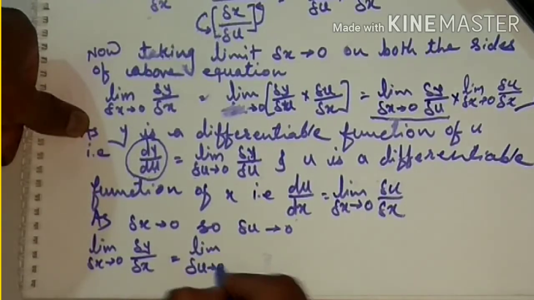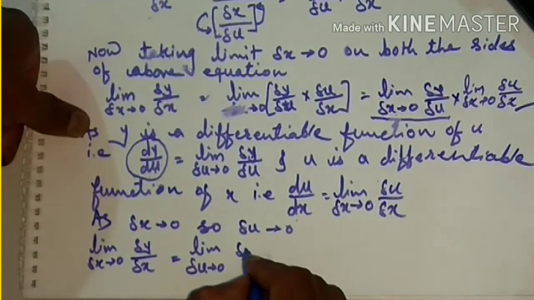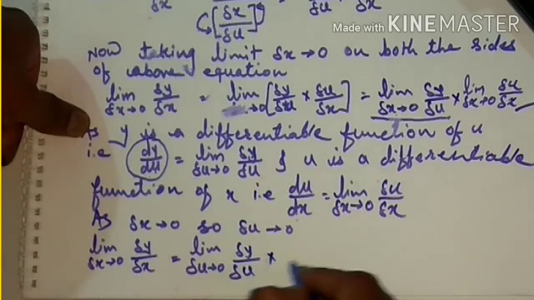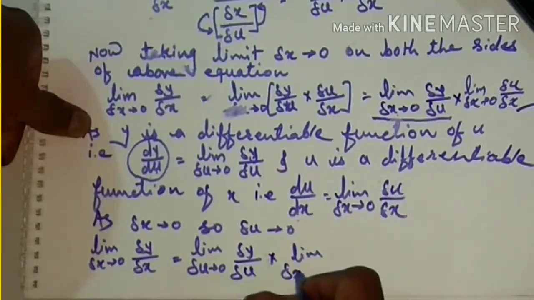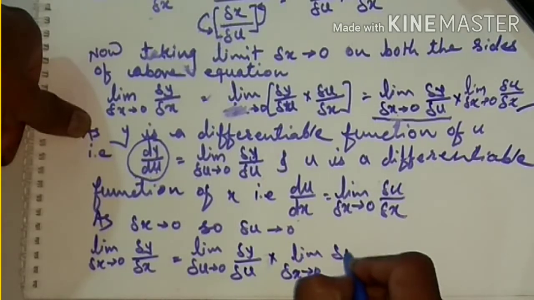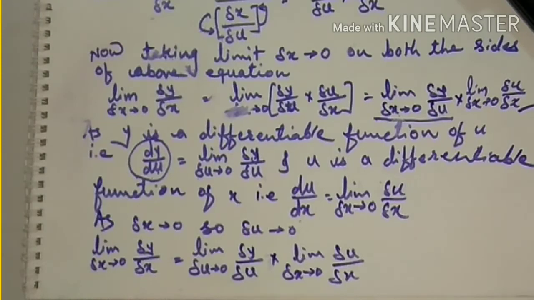See, I am replacing delta x by delta u, and I will keep this delta x as it is. So this is the very important step of this equation.